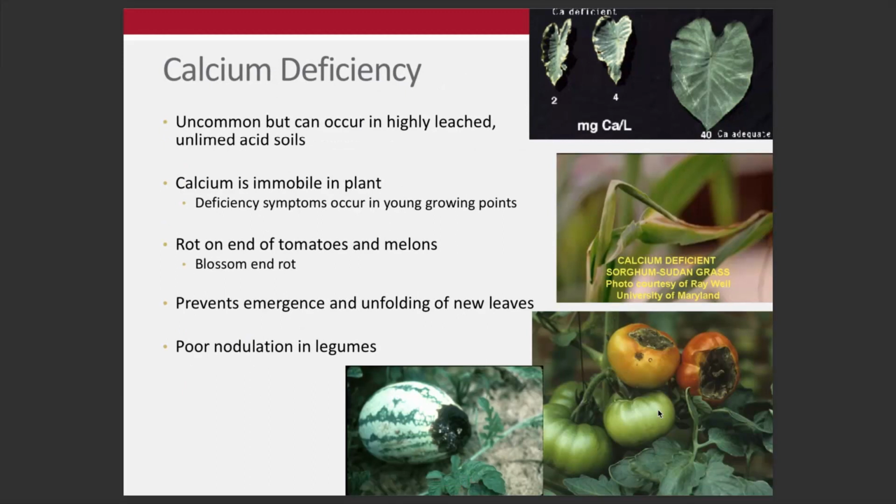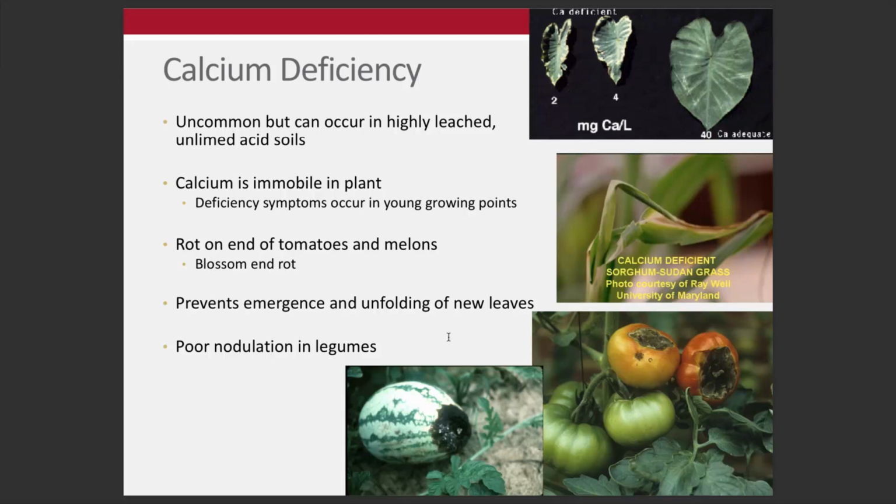Calcium deficiency is very uncommon in Ohio, but can occur in highly leached or unlimed acidic soils. I already mentioned that calcium is immobile, so it's going to occur in the younger plant parts. Rot on the end of tomatoes and melons, this blossom end rot, is often associated with calcium issues.